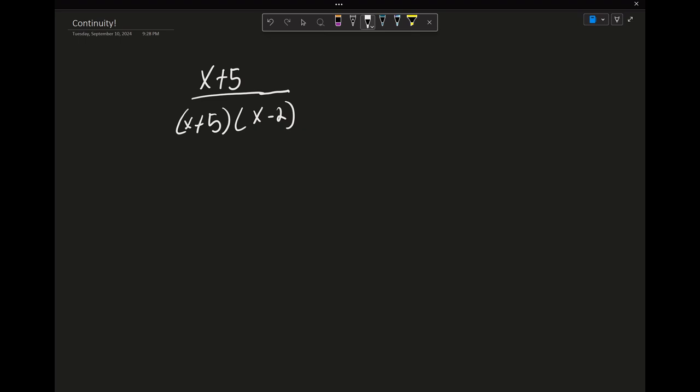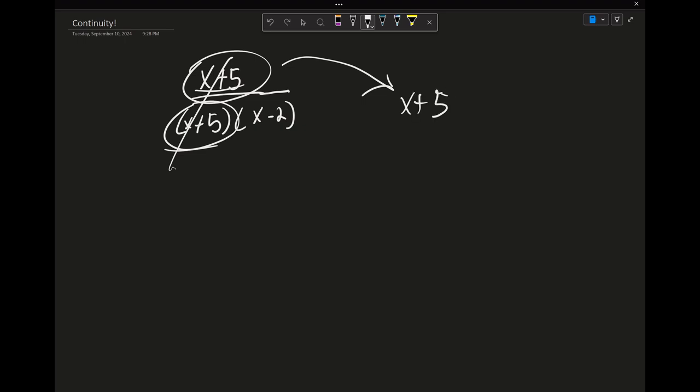So here we see right away that these two x plus 5s can cancel out. But when you cancel these x plus 5s out, you need to denote that at that point that makes this 0, there's a hole, and that there is something that will make the function not exist. Because if we take this x plus 5 out, what value of x will make this 0?